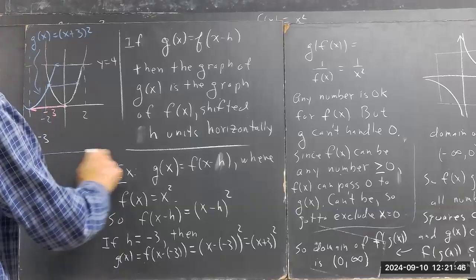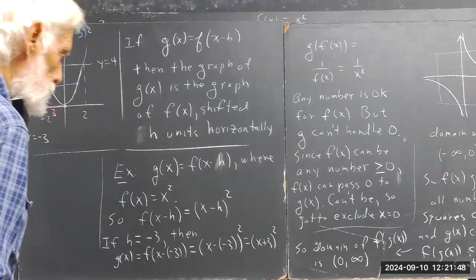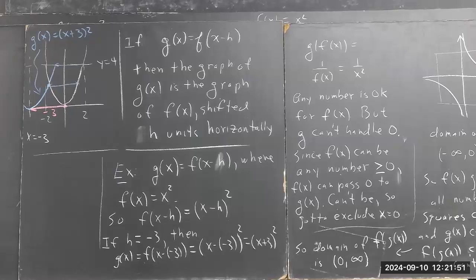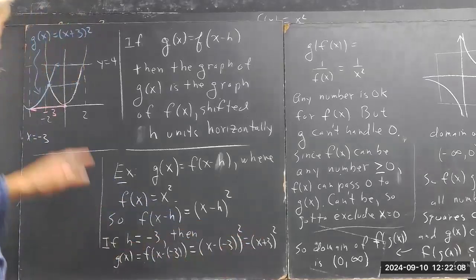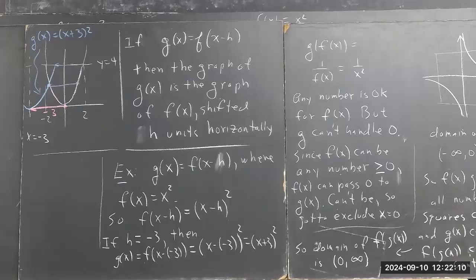Now, the other transformations are easier to see, I think. So I'm going to let you read about them and look at the videos and stuff. But this is the one that confuses the heck out of people and people make mistakes on. They make mistakes in the other ones too, but not as bad. And it's just getting the sign wrong. There's a reason that x plus 3 shifts the graph 3 units to the left.